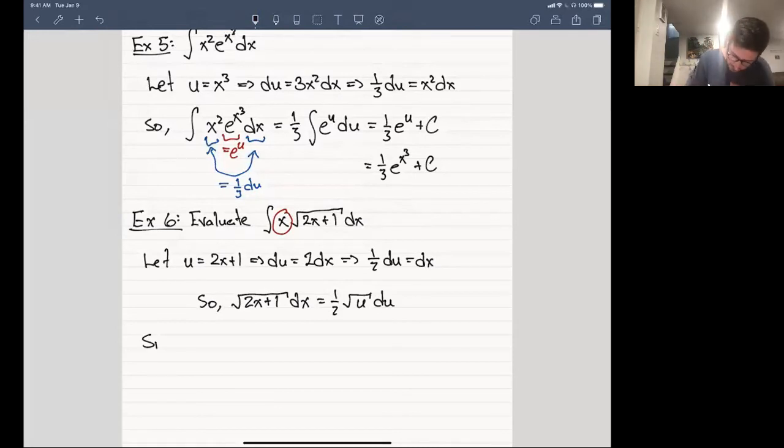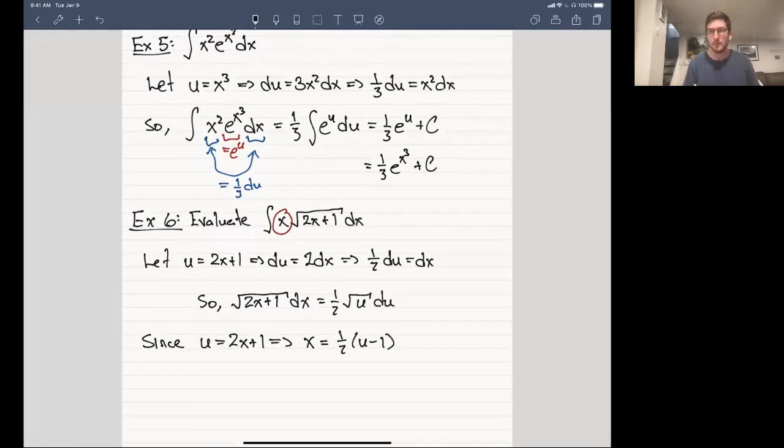So since u is equal to 2x plus 1, I can rearrange this. This function's invertible. And this tells me that x is equal to 1/2 of u minus 1. So I can solve for x as a function of u.